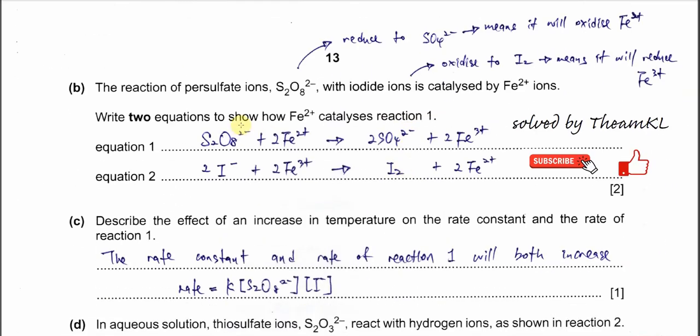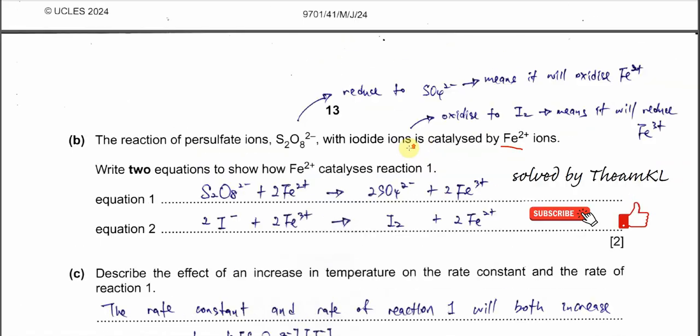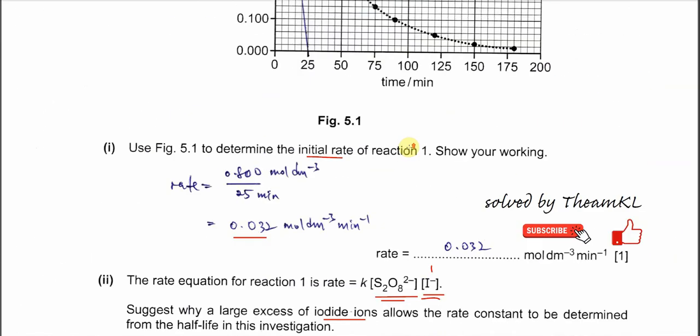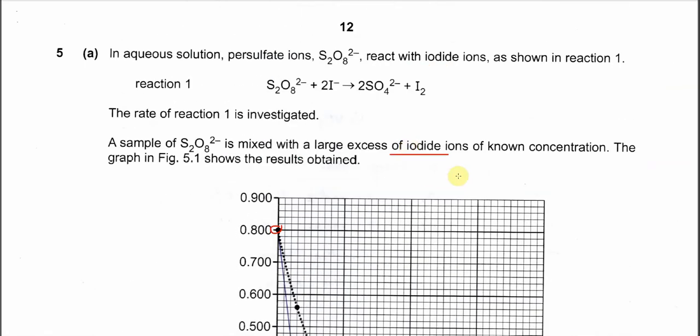Part B. The reaction of persulfate ion with iodide is catalysed by iron(II). For this one you need to refer back to the overall equation just now, because this reaction is catalysed by iron(II), and you need to know the reactants and products.